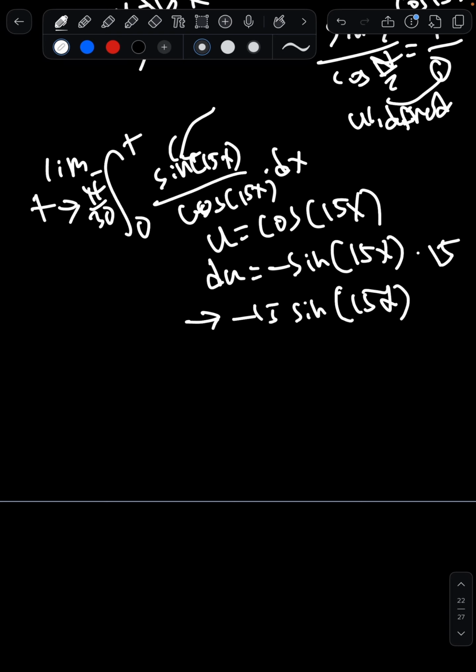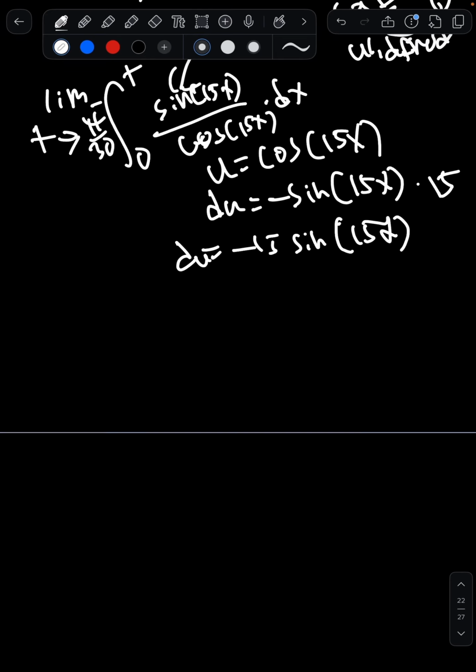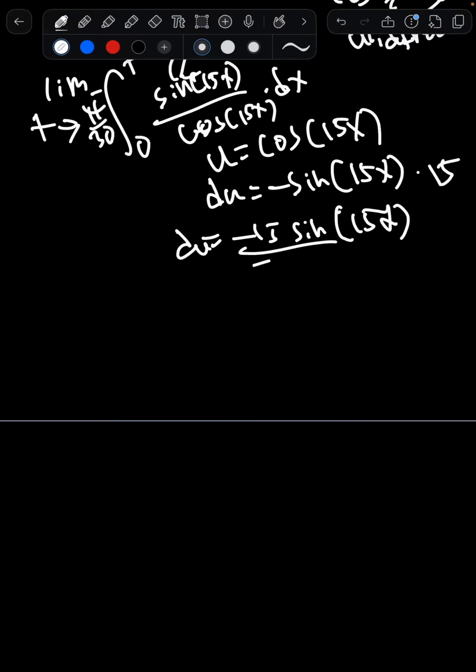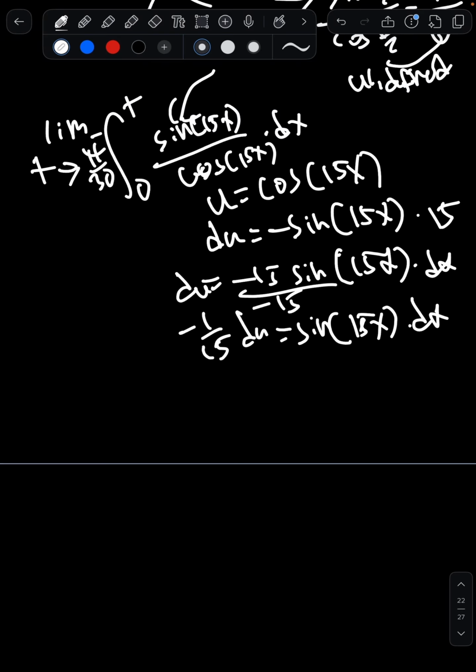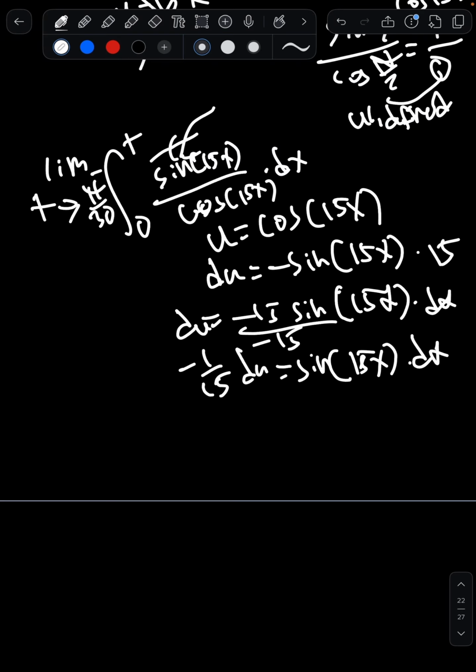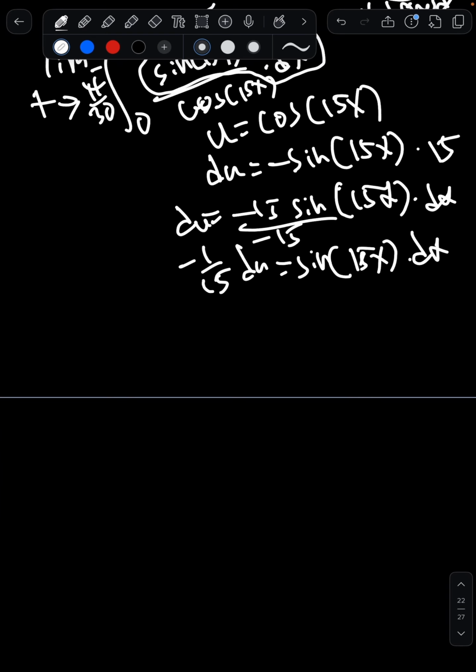And this actually equals du still. So now what we can do is get rid of this negative 15 on this side by dividing it. And we get this. Now if you notice, the entire top of this fraction right here is sine 15x times dx. So now we apply our u sub.